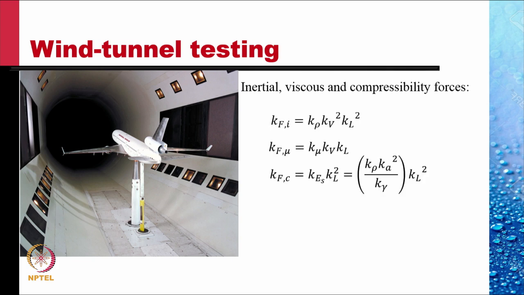The scale factor for the inertial force is like K rho, Kv square, KL square, obtained a number of times throughout this course. The scale factor for the viscous force is K mu, Kv, Kl, also obtained a number of times in this course. And the scale factor for the compressibility forces, Kfc, is like K of Es, the elasticity of the material, times Kl square of the area.